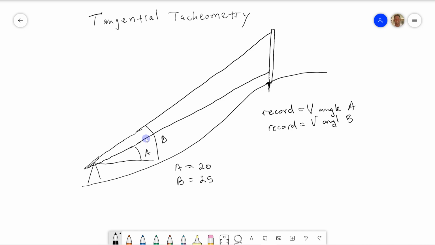The stadia hairs, the crosshair, are not involved in this tangential tacheometry.